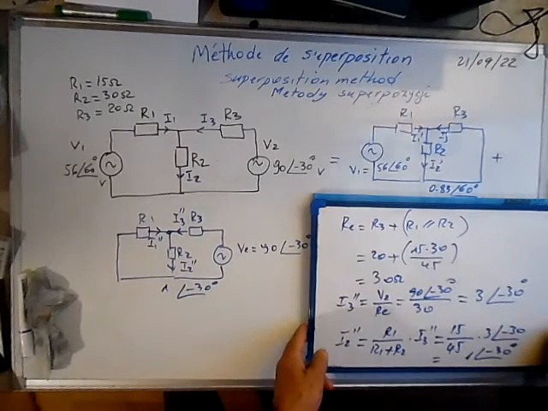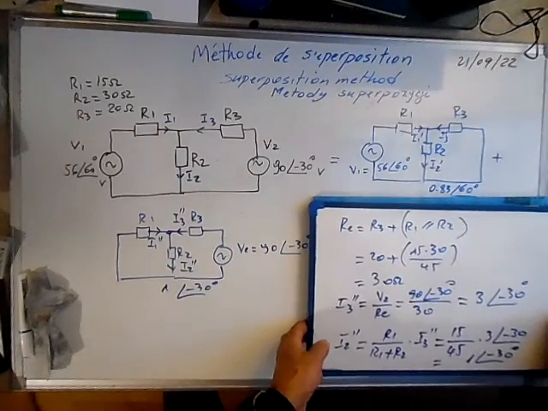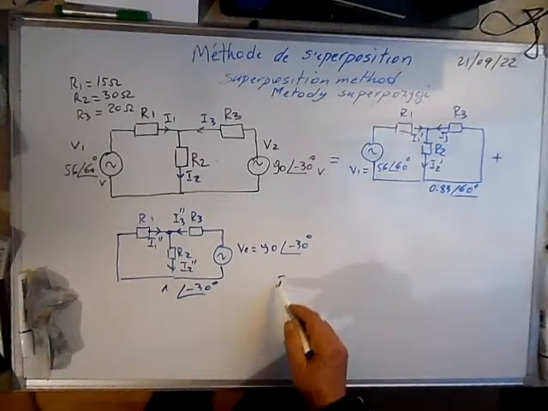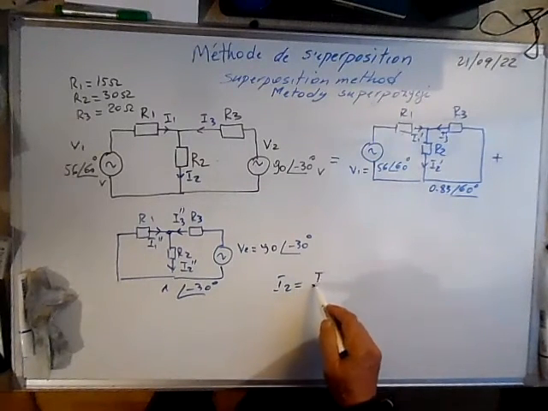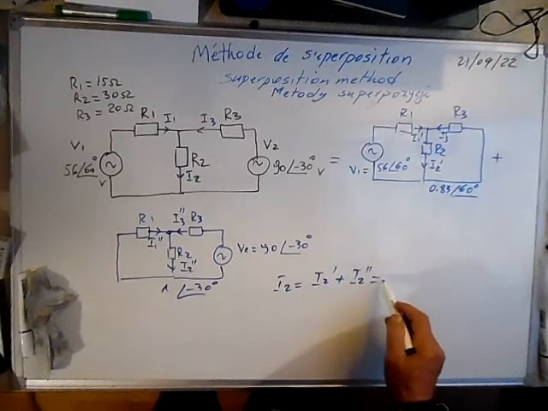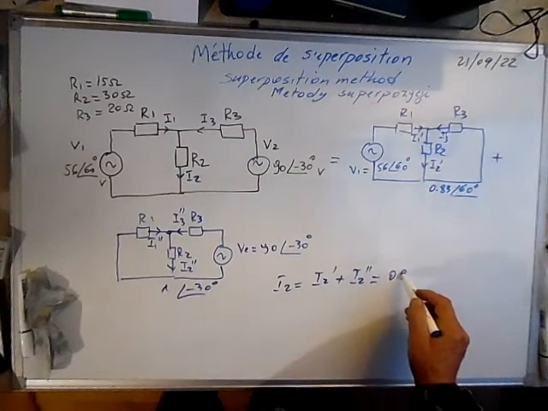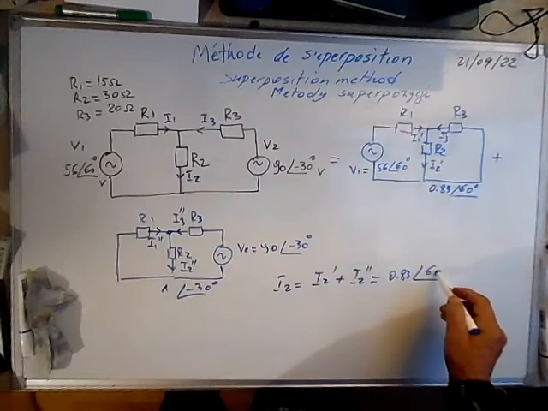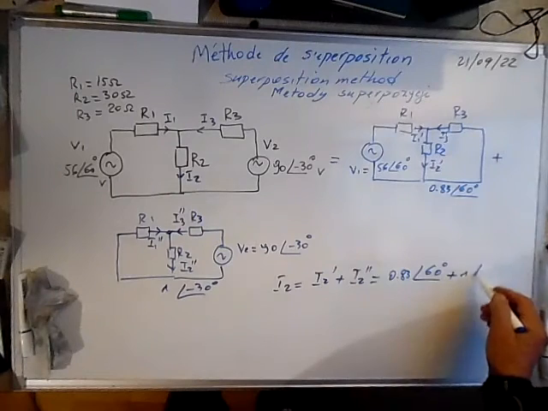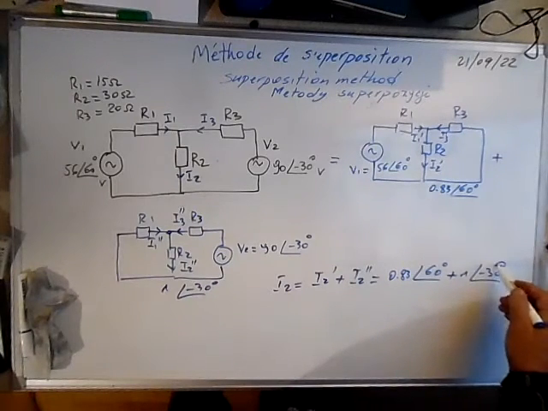Now we can do the sum of the two currents. I2 is equal to I2 prime plus I2 double prime, which is equal to 0.83 at 60 degrees plus 1 at minus 30 degrees.